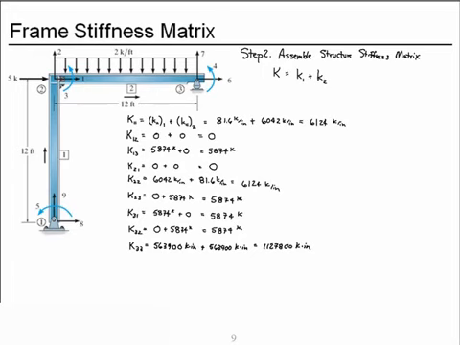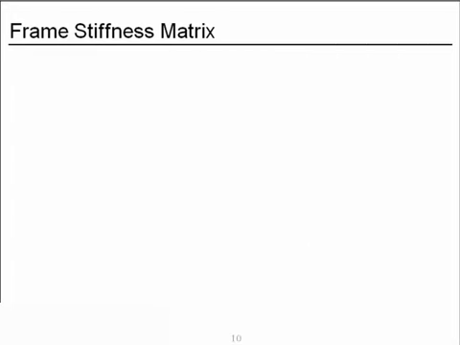So let's start assembling the structure stiffness matrix. And so we assemble our global stiffness matrix, which has 9 rows and 9 columns, and they'll be in degree of freedom sequence 1 through 9.